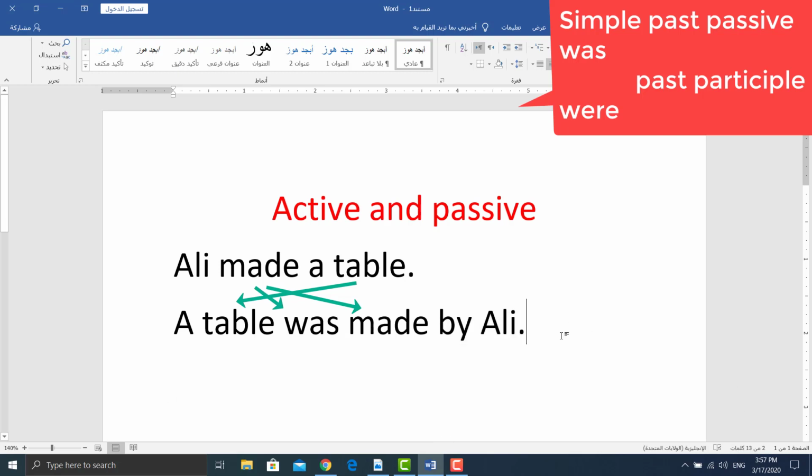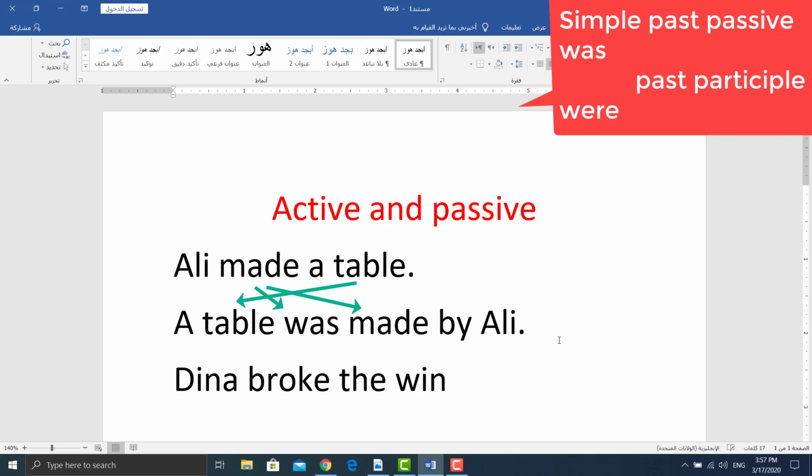Okay, let's have another example. When I say Dina broke the windows, yes, this is an active sentence.